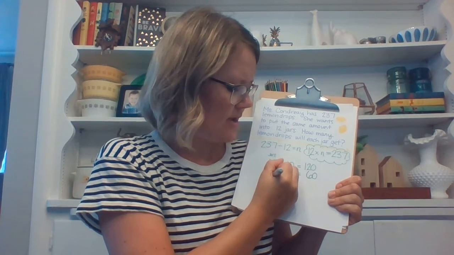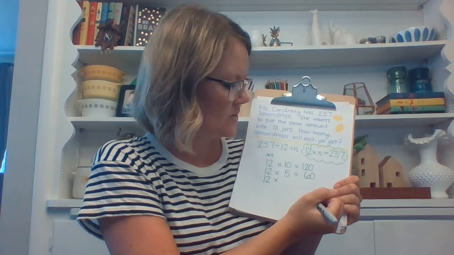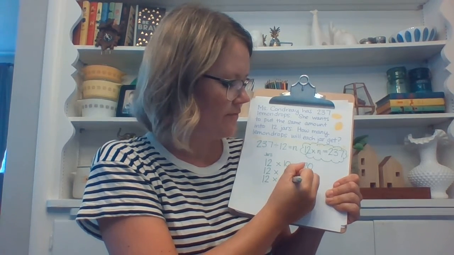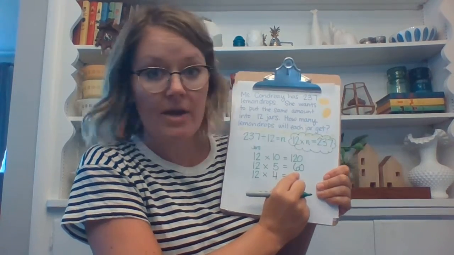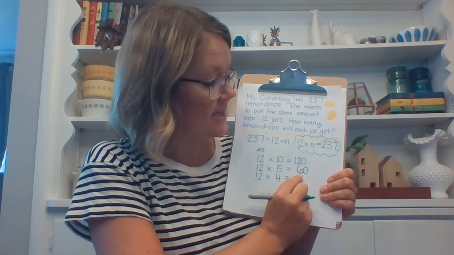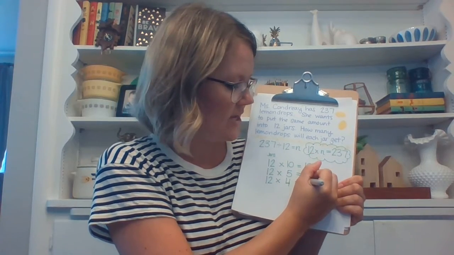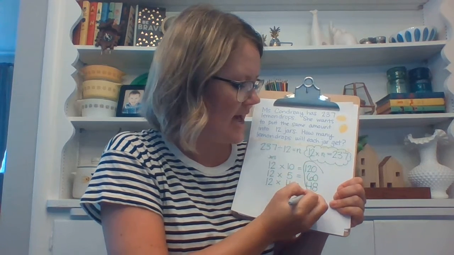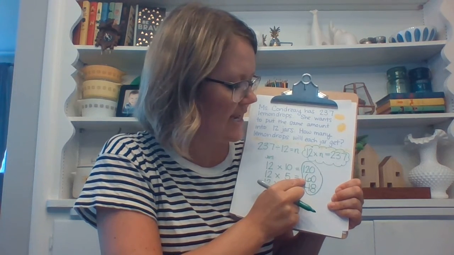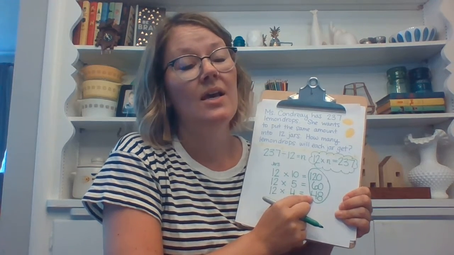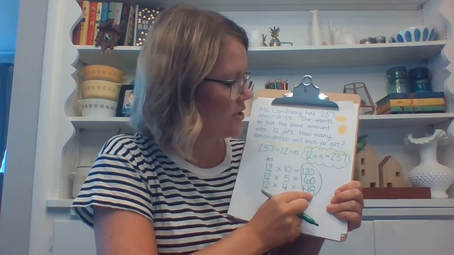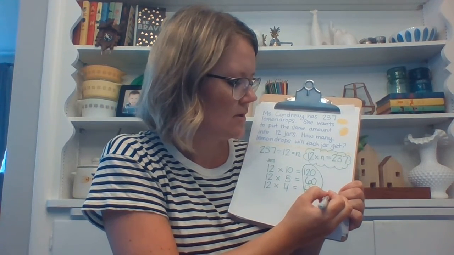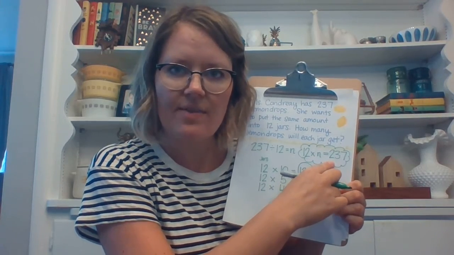So why don't I try 12 times 4, because that'll be one group of 12 less than 60. So that would be 48. Let's see if I've gotten close. I'm going to add those up together: 180 plus 48 is 228. Ooh, that's really close. It's not quite to 237 though yet.